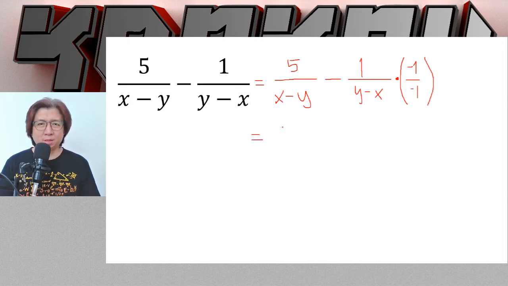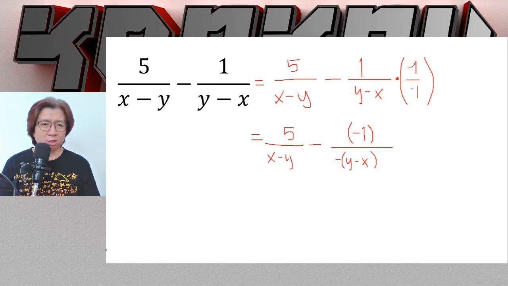Alright? So we have 5 over x minus y minus, okay, so we have negative 1 here. 1 times negative 1 is negative 1. Next, we have y minus x. To make it more detailed, I will write negative 1.